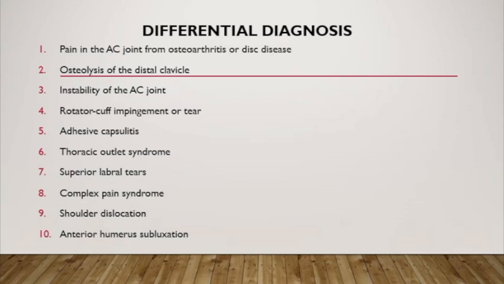So we need to go for differential diagnosis with the help of the assessment, that is the provocative testing, observation, palpation and everything, and then the X-rays. Correlating all the signs and symptoms, we will go for the final diagnosis. So this is all about the differential diagnosis.